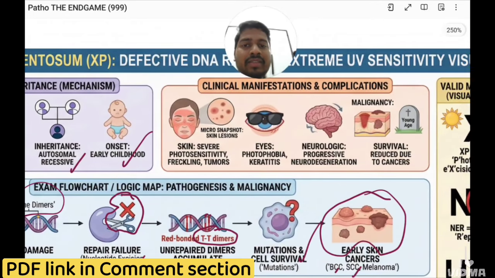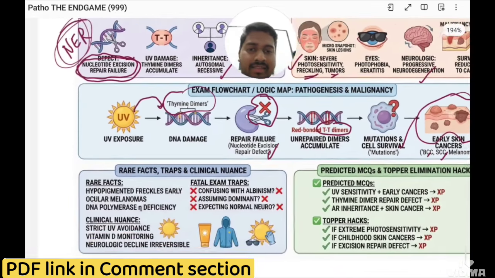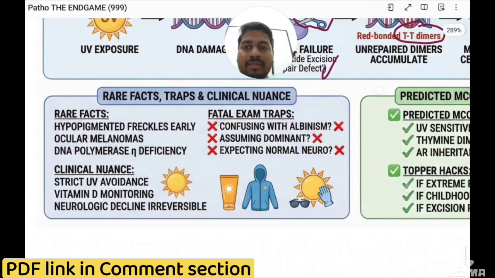Clinical manifestations include severe photosensitivity, freckling, tumors, photophobia, keratitis, neurological degeneration, and because of malignancies, survival is severely affected. Hypopigmented freckles are seen, ocular melanomas are seen, DNA polymerase eta deficiency also occurs in this. This is a rare INICET fact that you should remember.